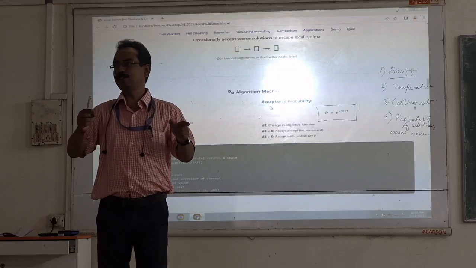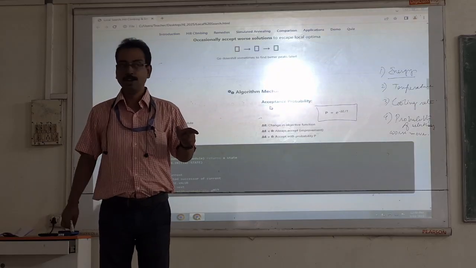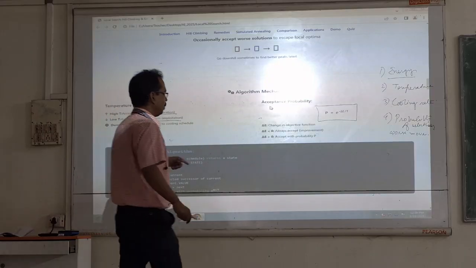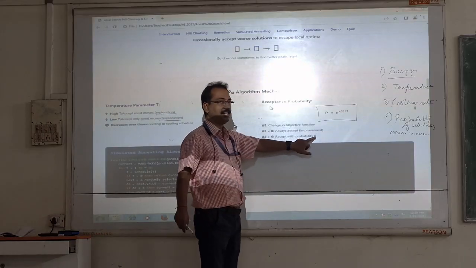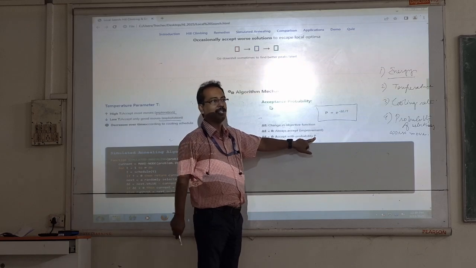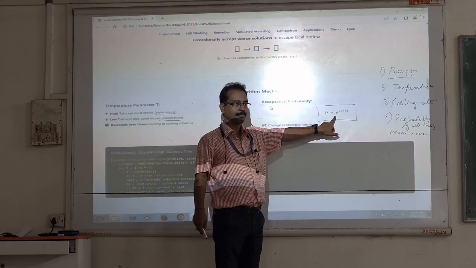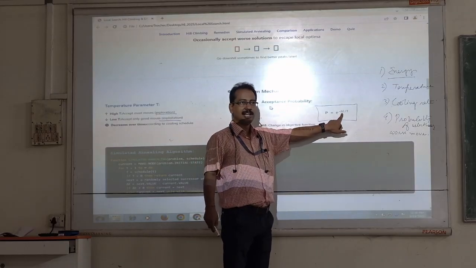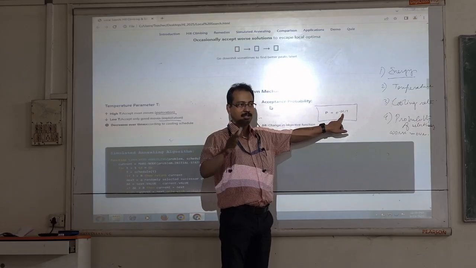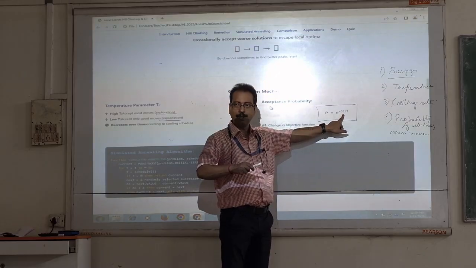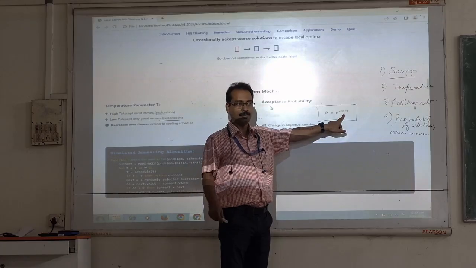And when will it be greater than 0? For the worse move. Now, for the worse move, it will accept with probability P. What is that probability? Probability will be calculated like this. What is delta E? Delta E is the difference between the current objective value and the next objective value, the neighbor.